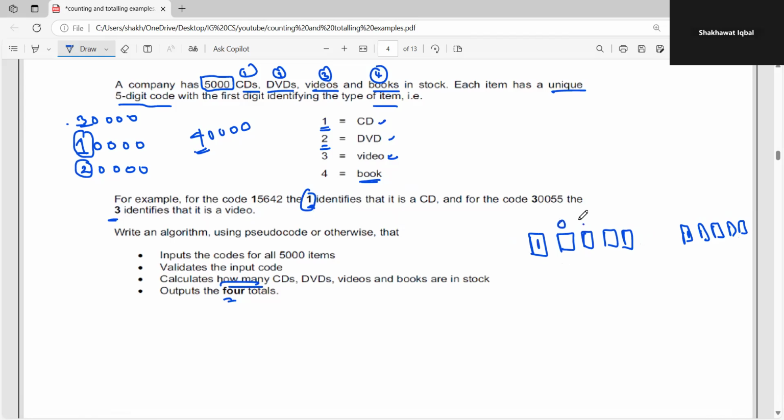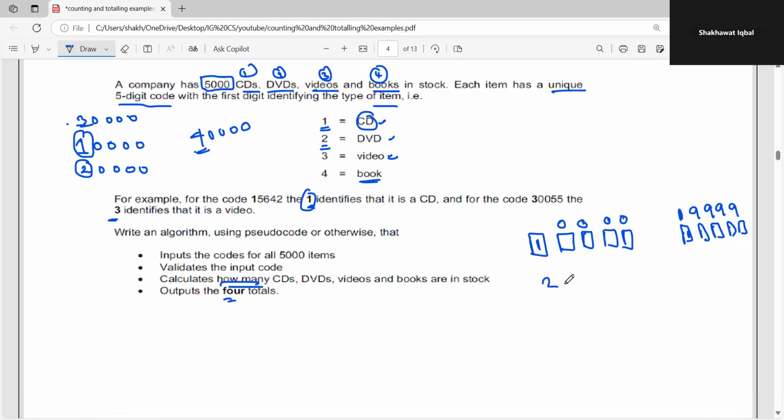It will be 10,000, right? The first digit must be 1, so you cannot change it. So 10,000 is the lowest number using 5 digits. And what will be the highest number? 1 is a must, so the highest number will be 1, 9, 9, 9, 9. So that's the range for the codes for CD.